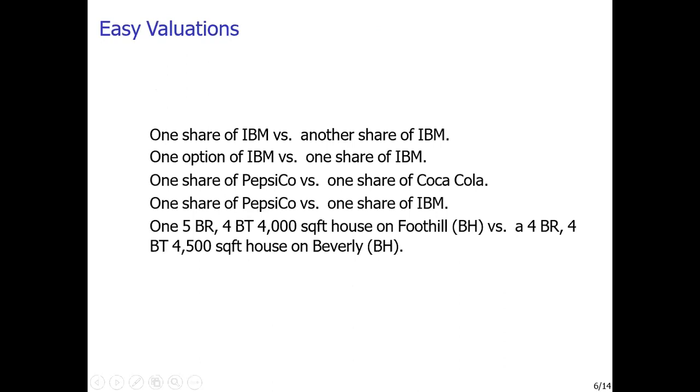Using an easy valuation method: one share of IBM stock versus another share of IBM, or one share of PepsiCo versus one share of Coca-Cola, or one share of Pepsi-Cola versus one share of IBM, or a 5-bedroom, 4 bath, 4,000 square foot house on Foothill or Beverly Hills versus a 4-bedroom, 4 bath, 4,500 square foot house on Beverly Hills.